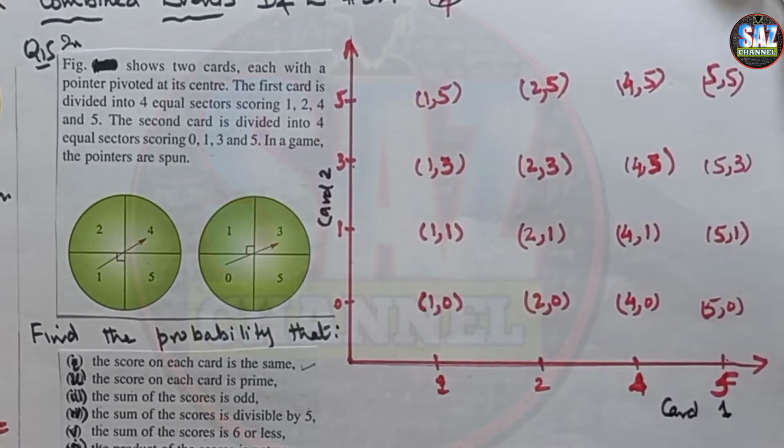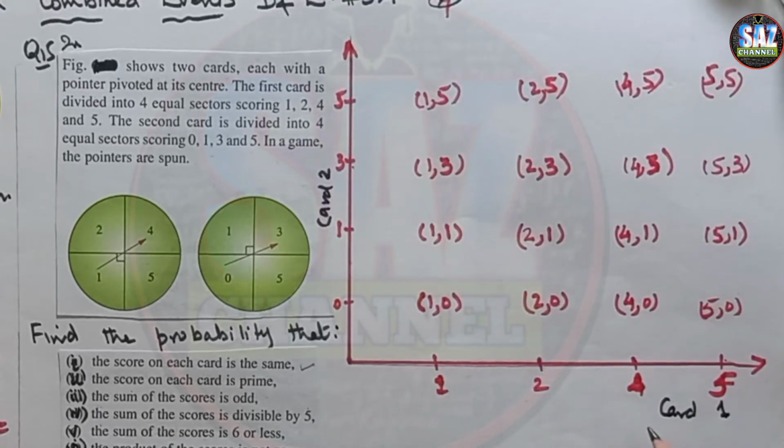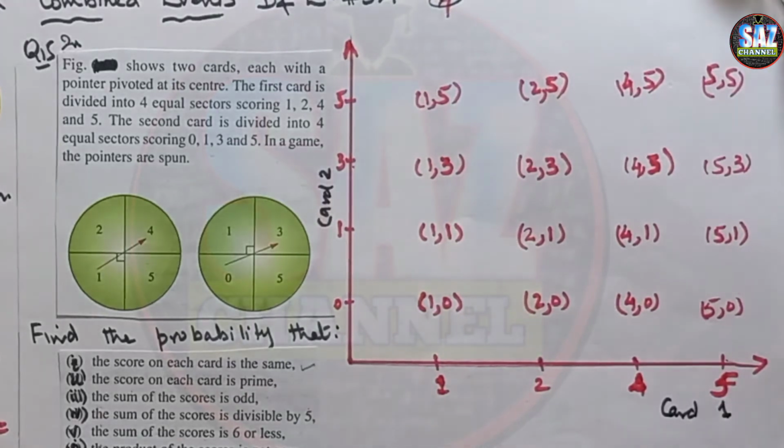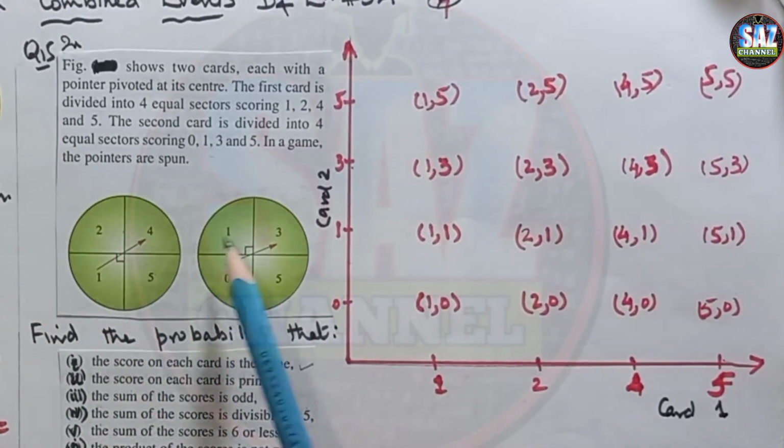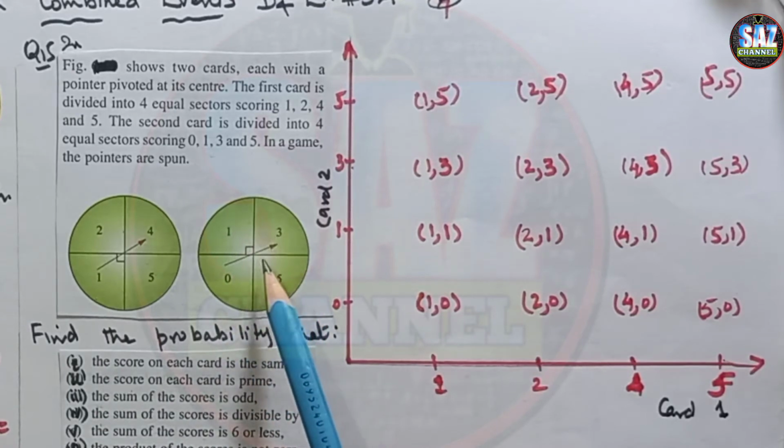Okay, now look here, we have listed all possible outcomes of these two spinners when they are spun together, and then what we have to do is find the probability that the scores on both cards are the same. First of all, the first spinner is divided into 4 sectors and the second is divided into 4 sectors.